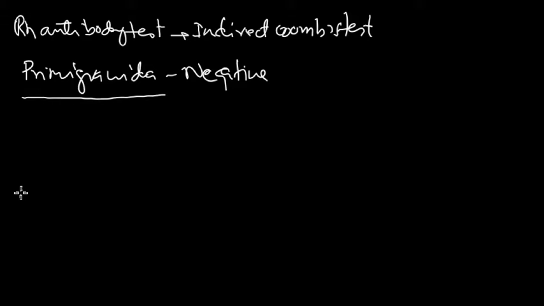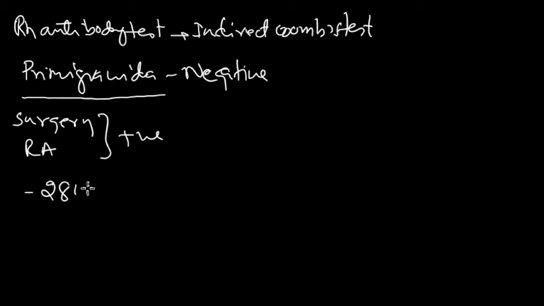There is only one exception: if the patient has previous positive blood group transfusion during emergency situations like surgery or after road traffic accident, then this test will be positive. Otherwise, this test is negative in primigravida.